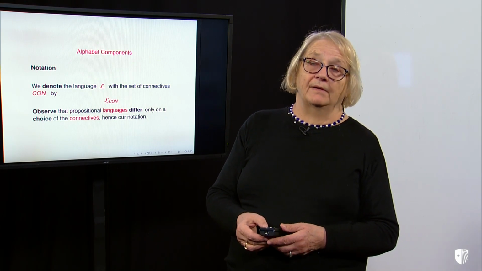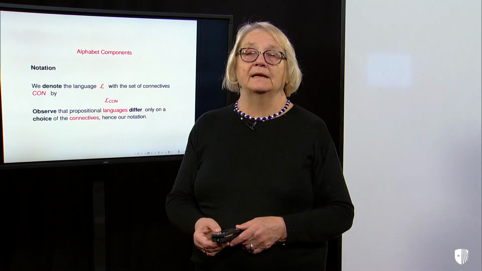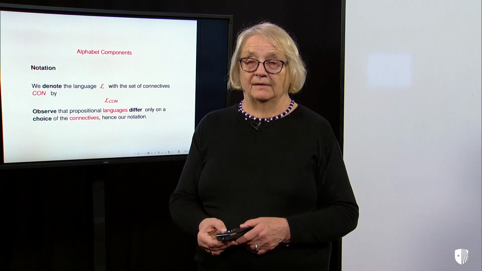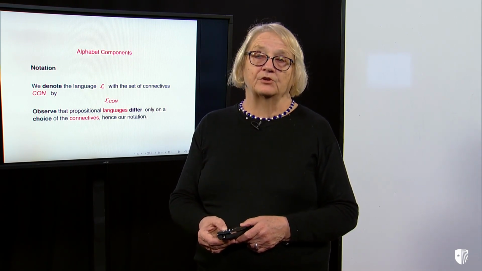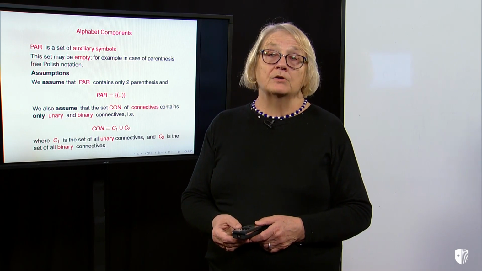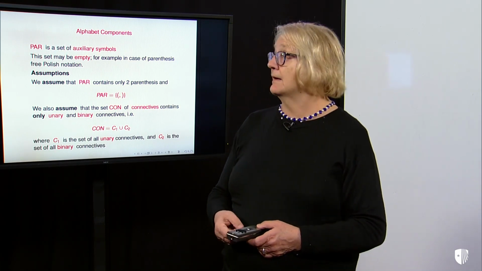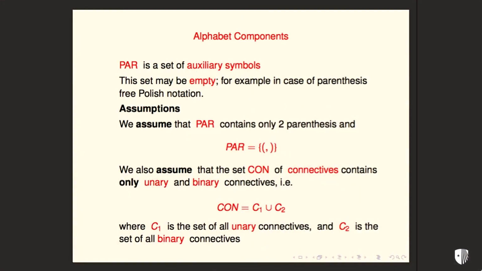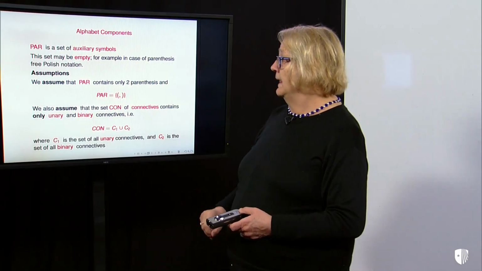And as we already said, L-con means that language L has the set of connectives. Also, we use parentheses, which are auxiliary symbols and might be empty, but in our case the parentheses set has two parentheses.